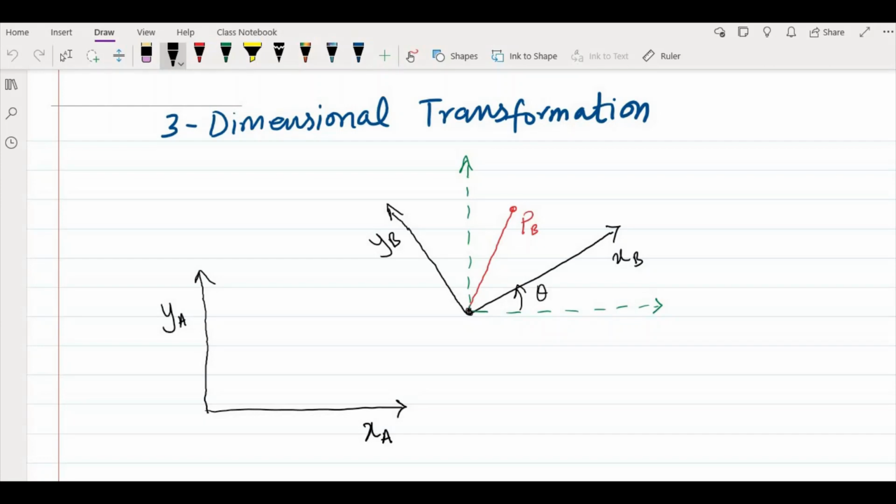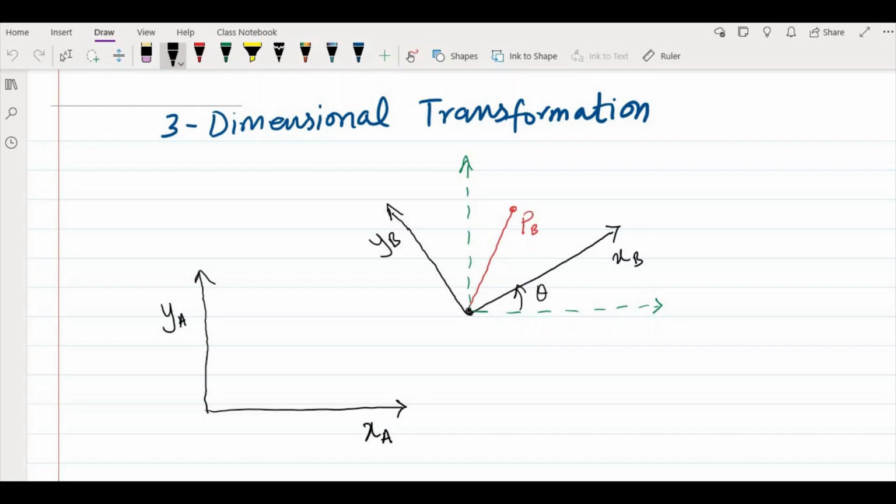This all has to do with robotics, robotic arms, robotic manipulators. You can consider this thing as a robotic arm, and you know its position in this frame which is rotated. Imagine there is a joint here and you know its position in this frame, and now you want the position of this point, your end effector, the gripper, in your reference frame.